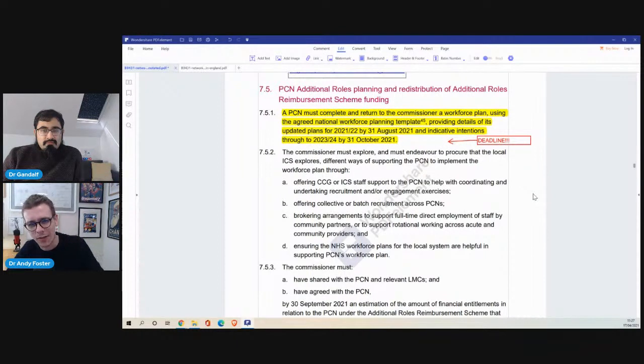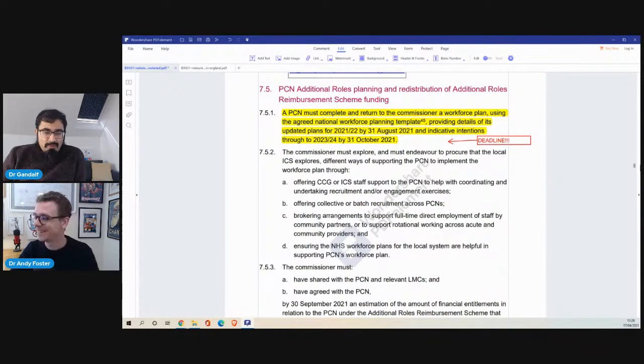I'm not sure, and I think premises might be listed within the specification of things that you could potentially spend. I think I've seen the word there, but it's really difficult. And actually, NHS England are bringing online a huge number of additional roles and workforce without really considering where they're going to be. There's no consideration really of estates. So that's something that I think we need to ask about as well.